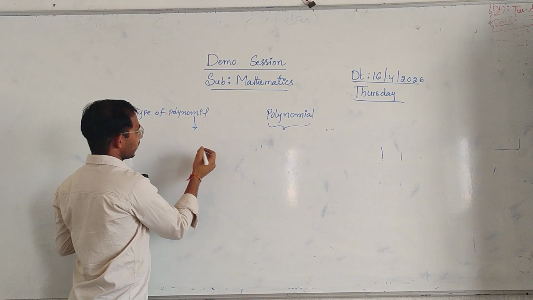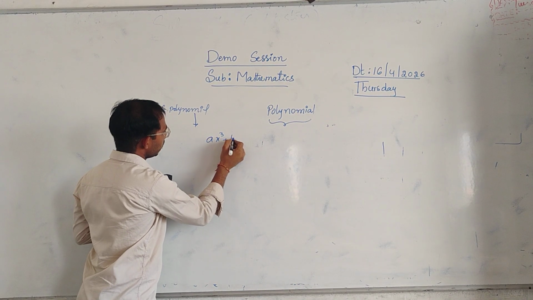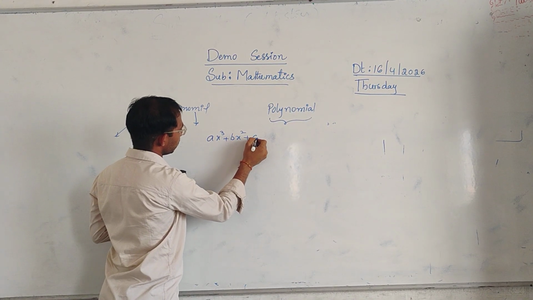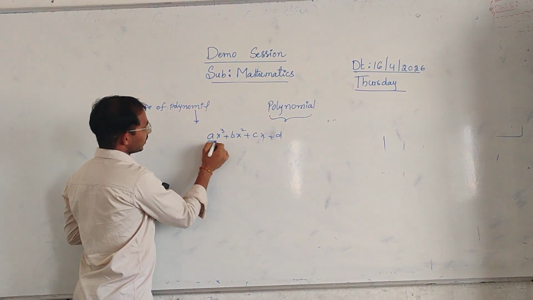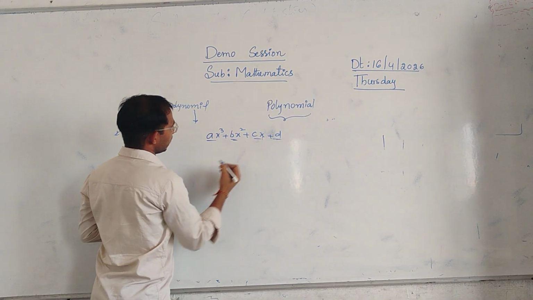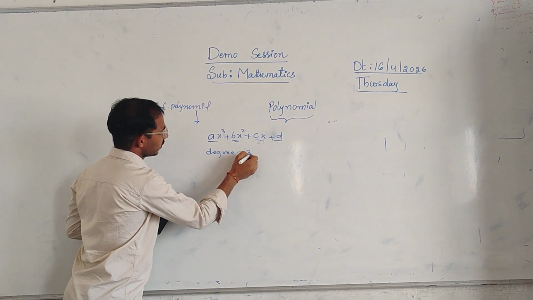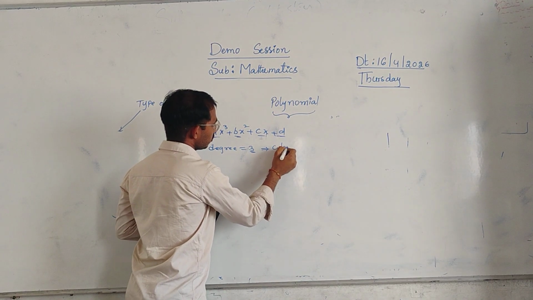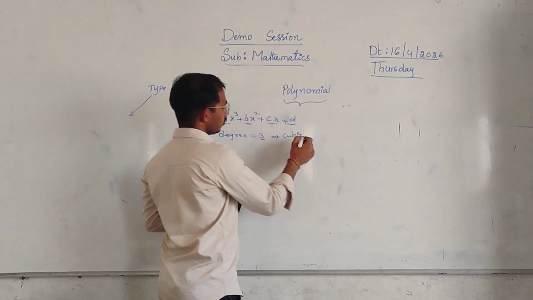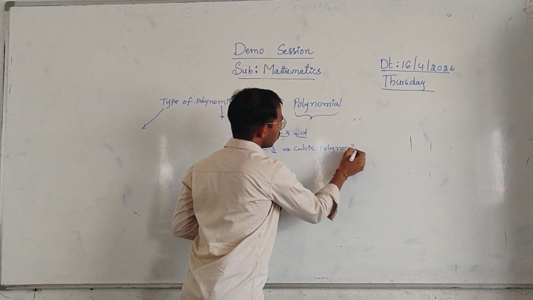Now look at one more. If the degree is 3, we write ax cube plus bx square plus cx plus d. What is the highest degree here? The highest degree is 3, so we say it is a cubic polynomial.